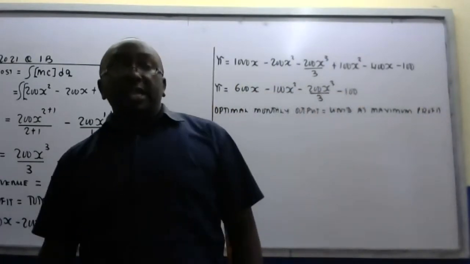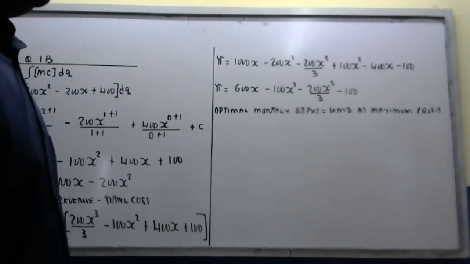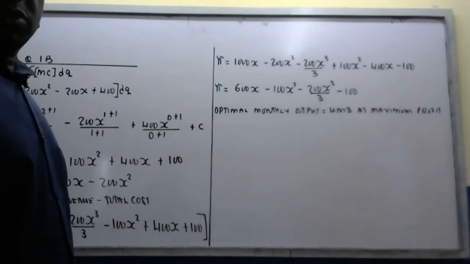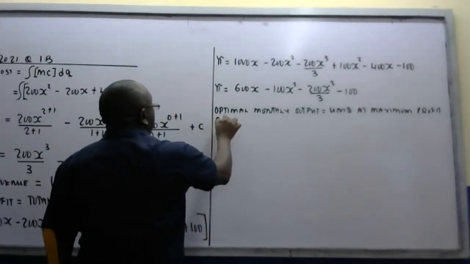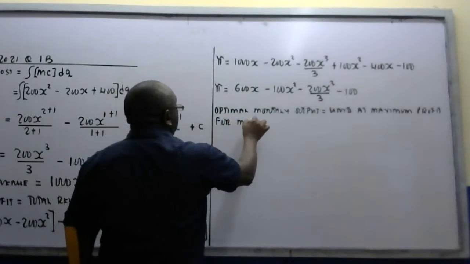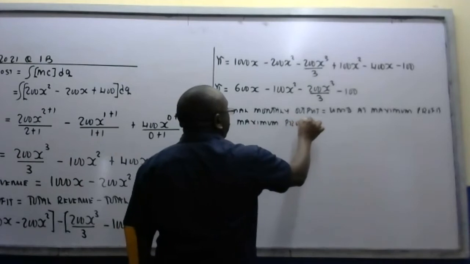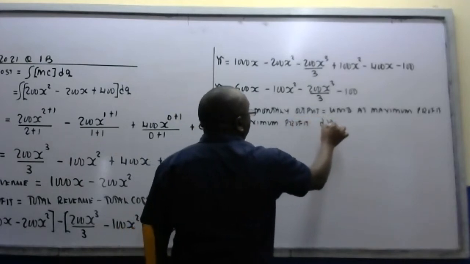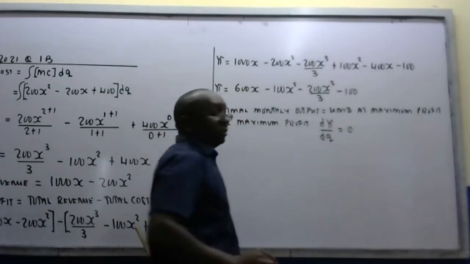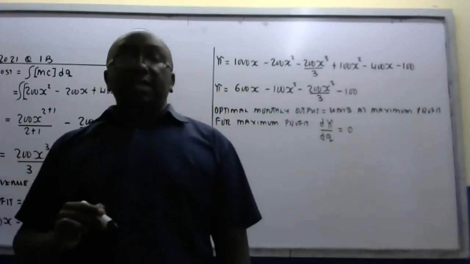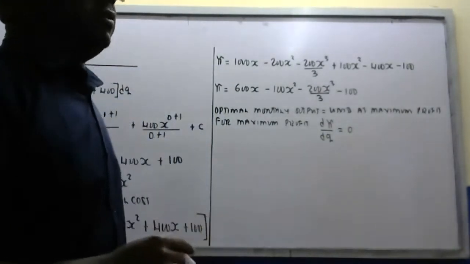If you are told to get optimal output, it is the units at maximum profit. I've told you a while ago that for maximum profit, the differential of pi with respect to q should be equal to 0.